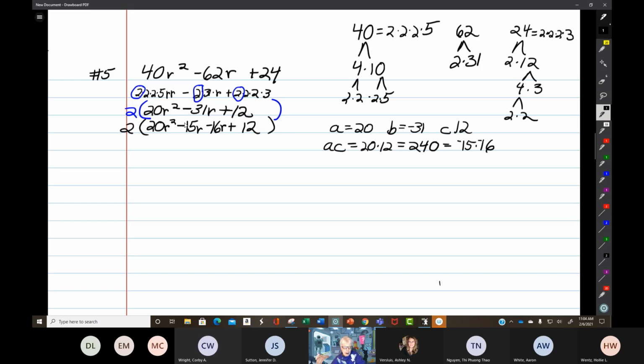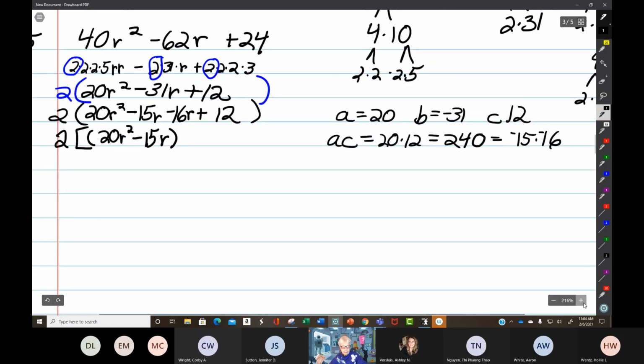Okay. Now. Two, bracket, parenthesis, 20r squared minus 15r, parentheses close. Let me make it bigger to make sure you can see it.